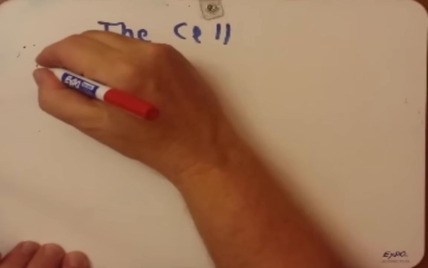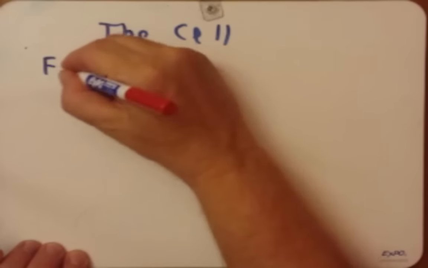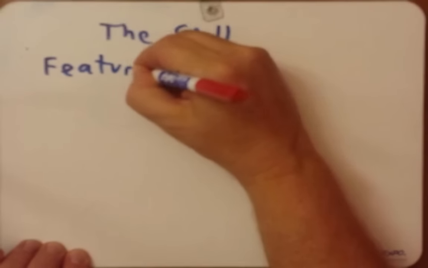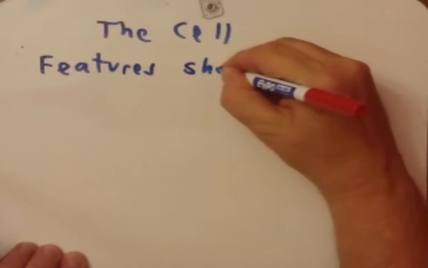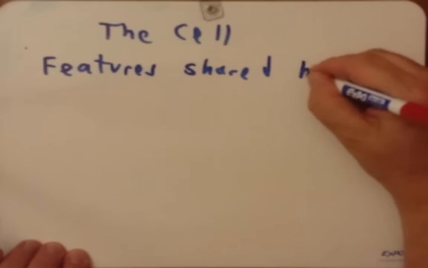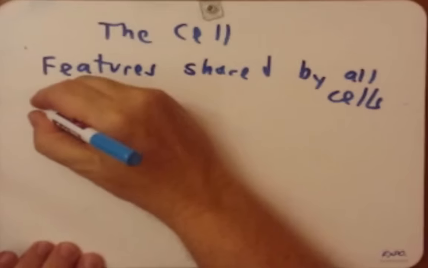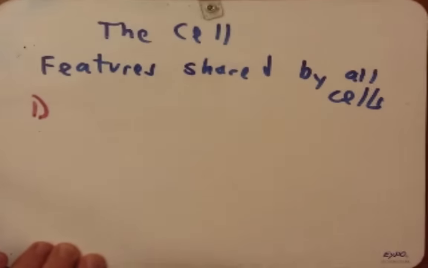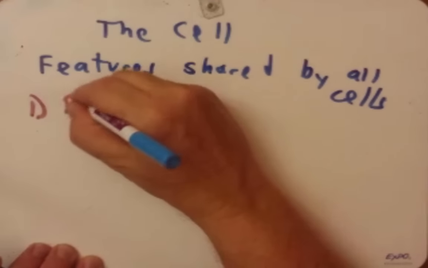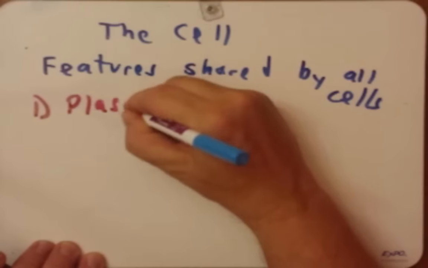Next, I want to list features shared by all cells. The first feature is that plasma membranes enclose the cell.